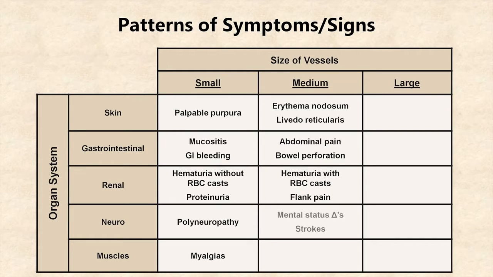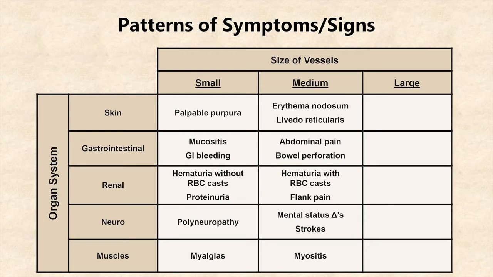In the brain, patients can get a wide variety of mental status changes, from somnolence to psychosis, along with strokes. And in the muscles, they get myositis, which differs from myalgias in that there is usually lab and pathologic evidence of muscle damage, such as an elevated creatine kinase.